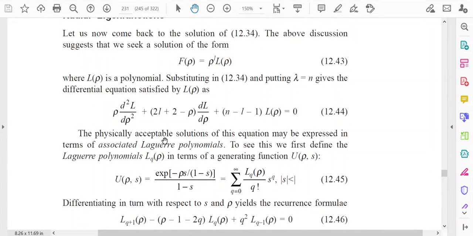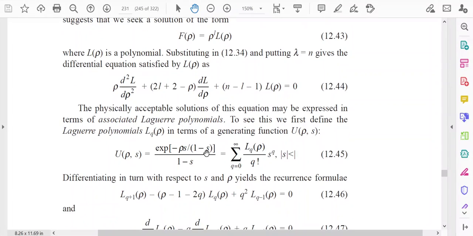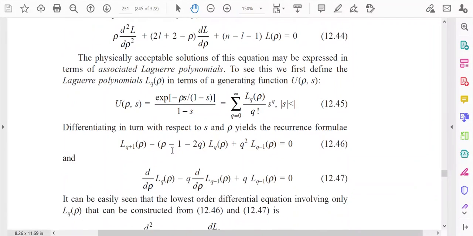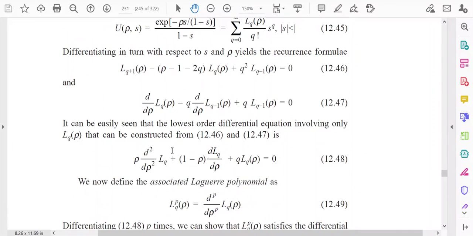The physically acceptable solutions of this equation may be expressed in terms of the associated Laguerre polynomials, and this equation can be simplified a little bit if we express L of rho in terms of the generating function u of rho. So, if we use this generating function, this equation will ultimately be simplified to this equation.